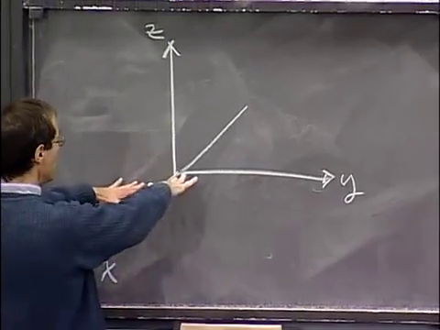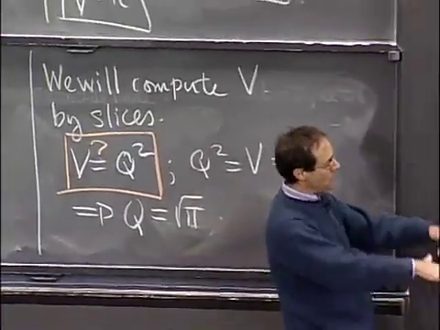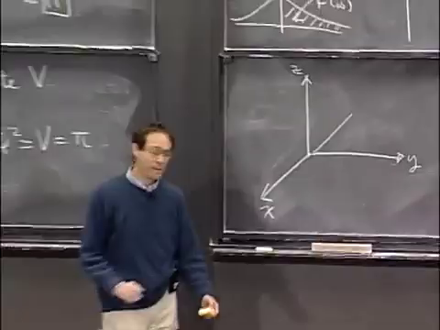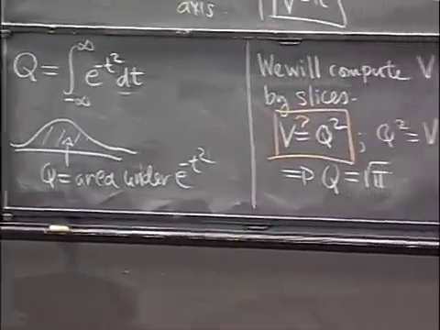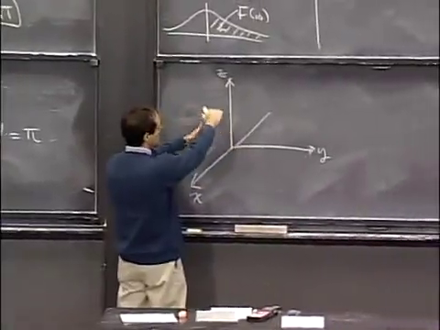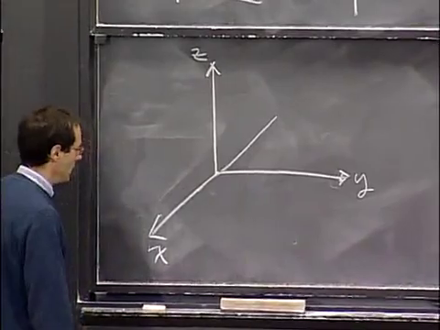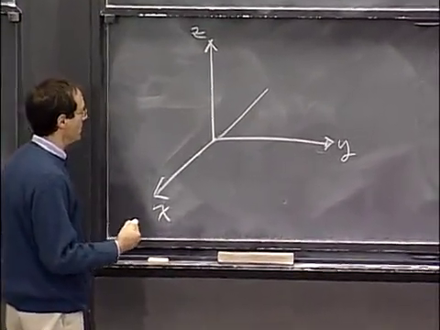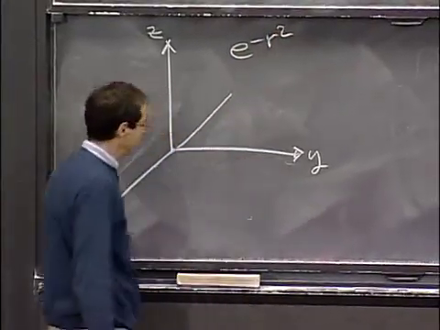So what's happening here is that I'm thinking of this, if you like, as some kind of side view, and this is a view where I've tilted things a little bit up to the top. Now, the distribution, or you could think of this target in the plane where the most likely places to hit were in the middle, and it died off as we went down. Now, I want to draw a picture of this graph. I'm going to draw a picture of e to the minus r squared.